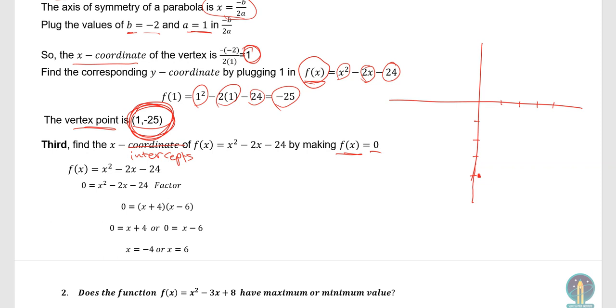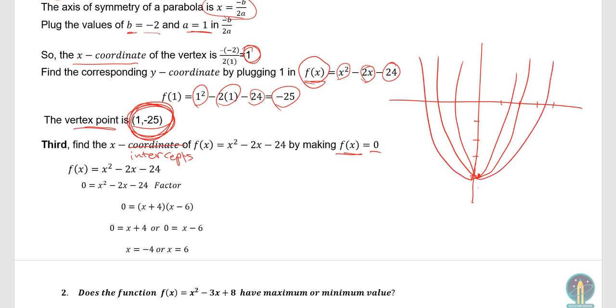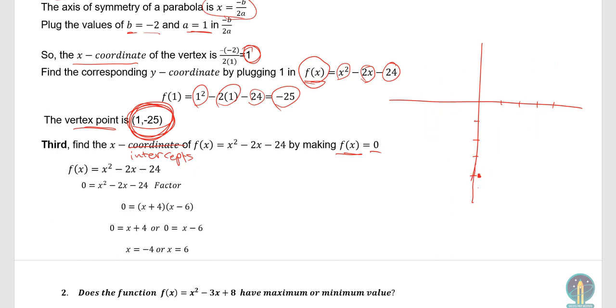The parabola opens up, so it's going to look something like this. But we don't know how wide. Does it look like this, or this, or this? Well, we don't know how wide it opens, but that's what we're going to determine by finding the x-intercepts, because then we can figure out how wide it's going to open and where it's going to cross the x-axis on both sides.